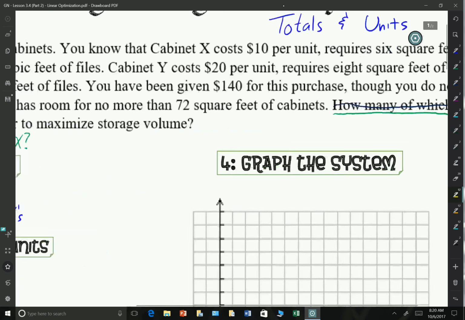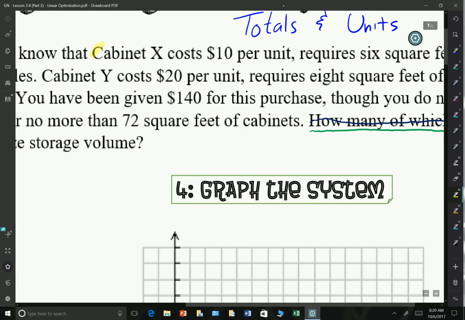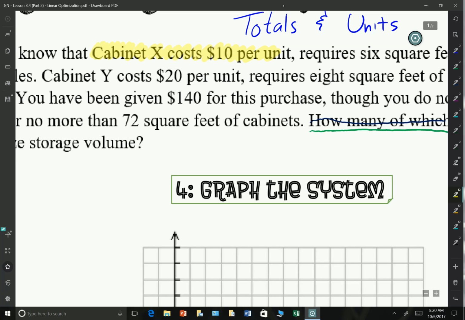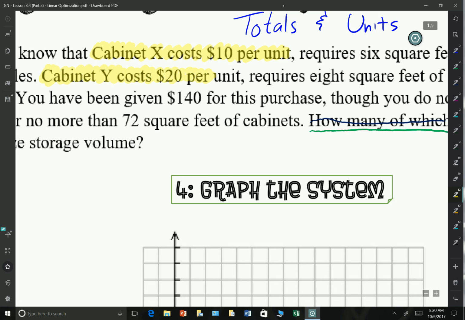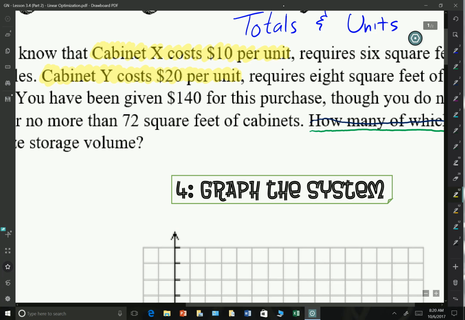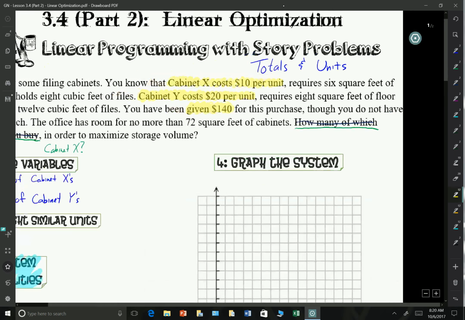Money. Good. Cabinet X costs $10 per unit. Where else do I see dollars? Cabinet Y costs $20 per unit. What's important about that $140? You've been given $140, but there's something else with that.